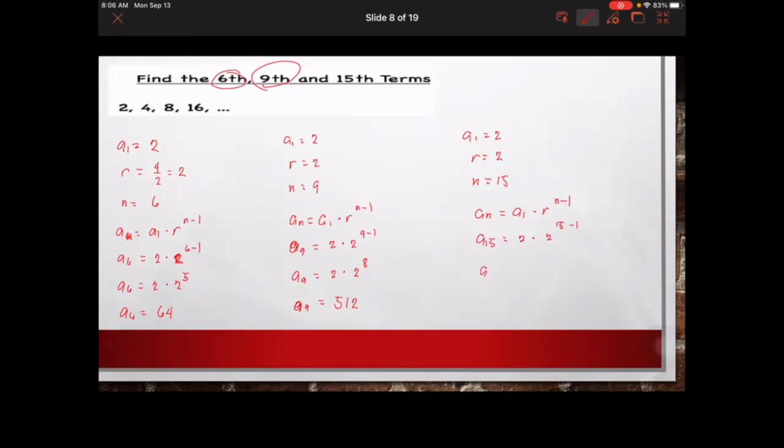So a sub 15 is equal to 2 times 2 raised to 14. Yes, Batarlo. 32,768. Okay, so you will have 32,768 as the answer.